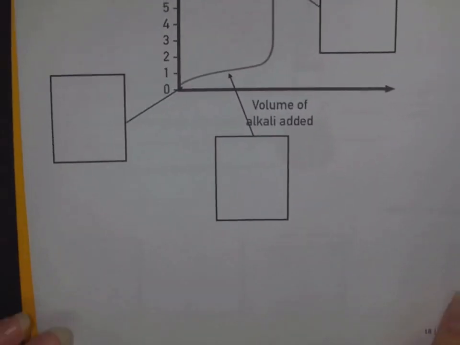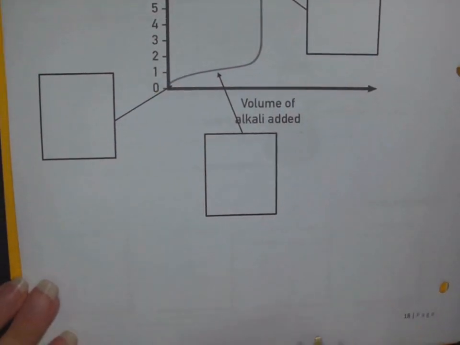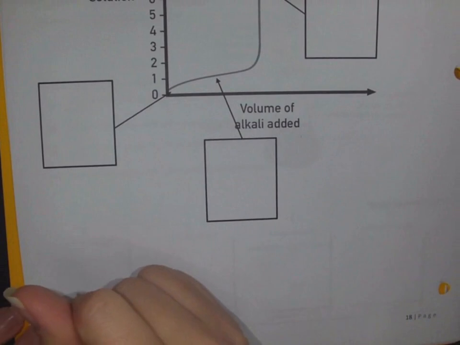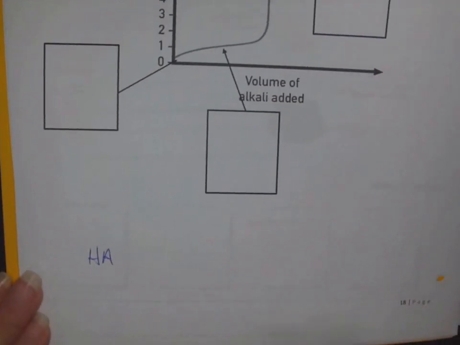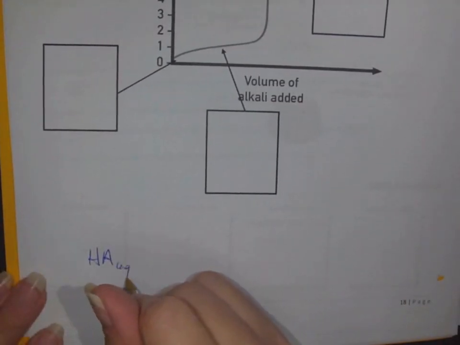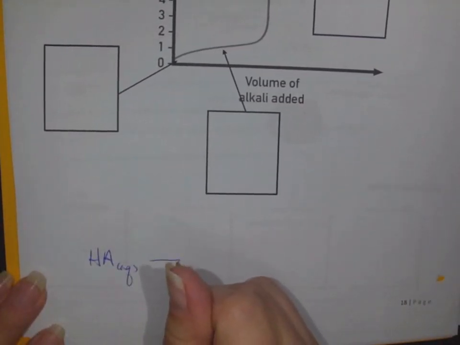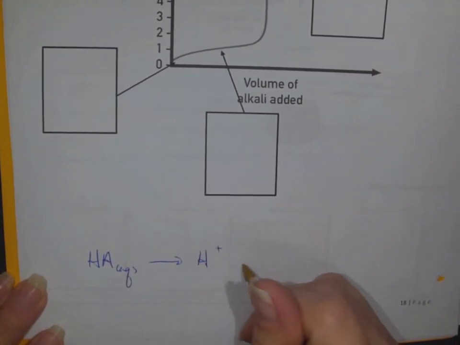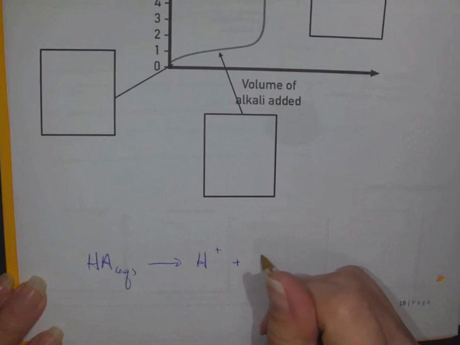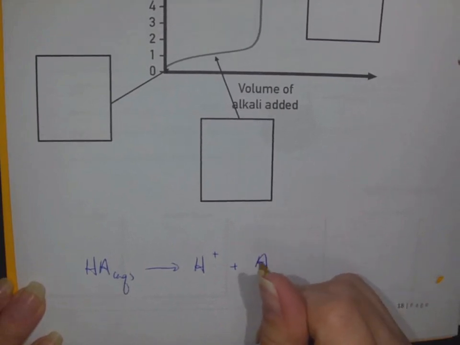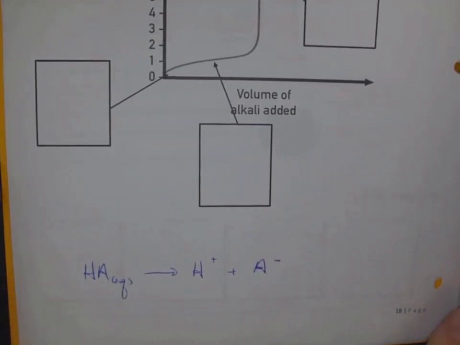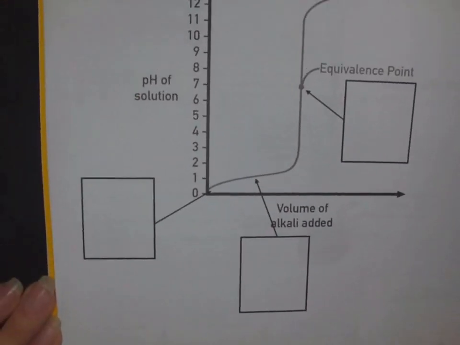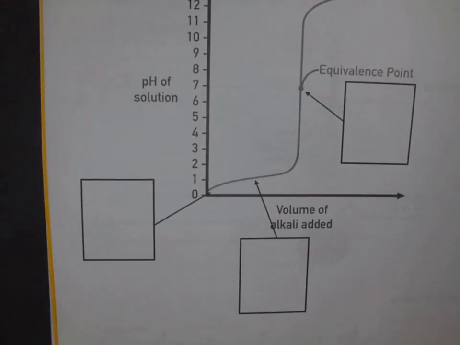So for this part, because I'm looking at this acid here, I'm going to concentrate on this acid breaking apart into H plus and this A minus. Okay, so how many should I choose? Let's do 6. That'll be helpful.